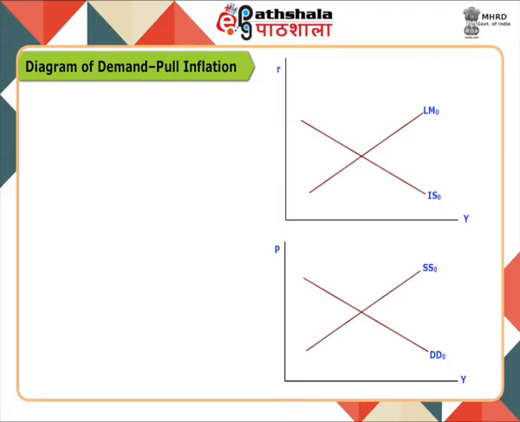Initially, the equilibrium is at Y0 level of output, that is at the intersection of IS0 and LM0 as shown in the upper panel of the diagram. This equilibrium is also shown in the lower panel of the diagram, that is at the intersection of DD0 and SS0. The level of output is Y0 with price level P0.